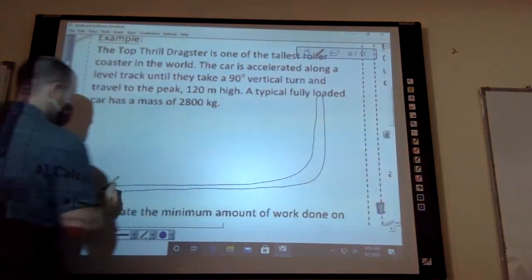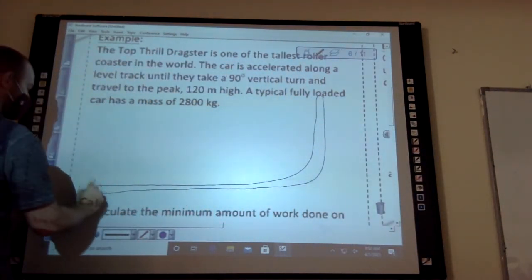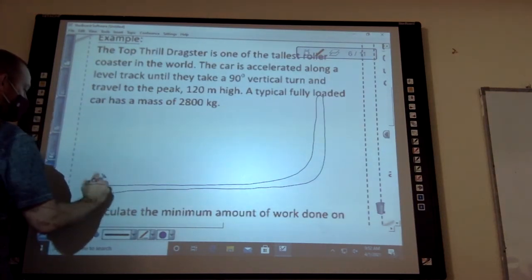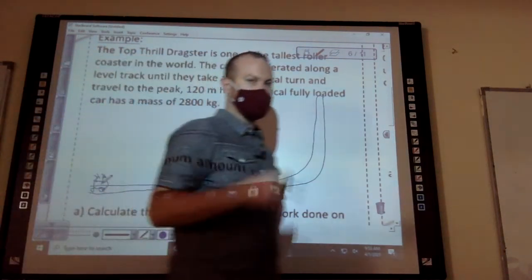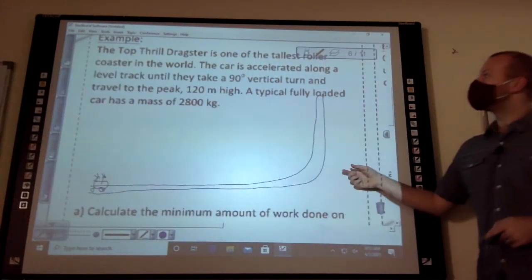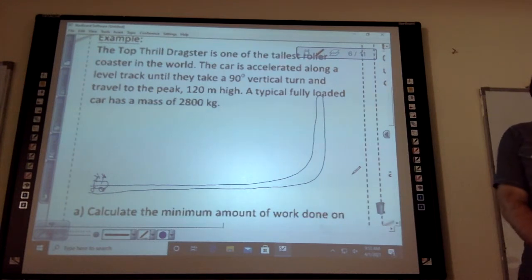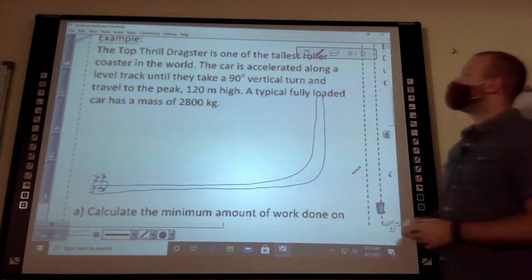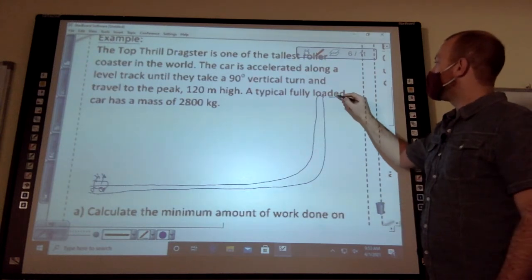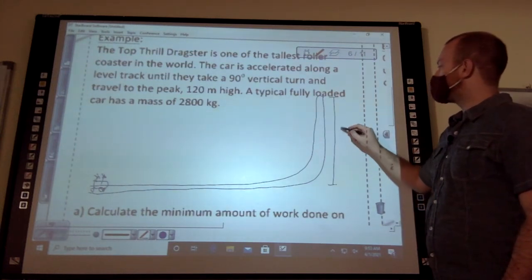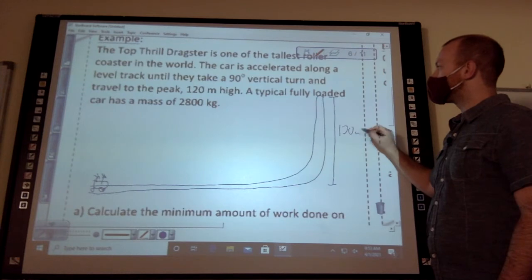So this is what's happening here. So here's your cart. You got your people. They're excited. They look like ants. There's people in there. So we want to figure out a few things with this. What are we told? We know this height is 120.